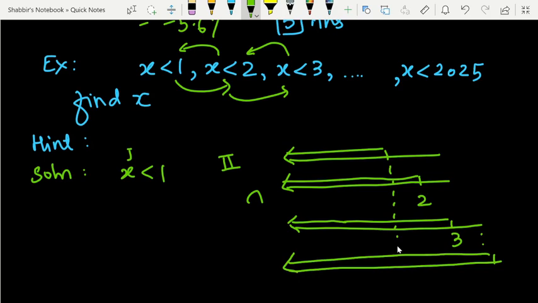So this is the second way, the conventional way of solving it, marking it on the number line to bring more clarity. So again the answer is x less than 1. So both ways you can do. The first way is by thinking that any inequality is the superset of the previous inequality given. Or the traditional way of marking on the number line and then taking the intersection of all, you will get the answer x less than 1. Okay guys.